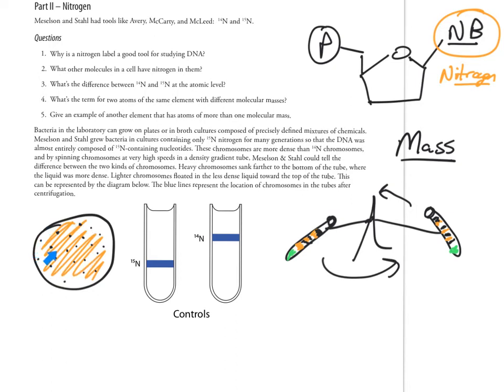So on this plate, if you read the paragraph, it talks about how Meselson and Stahl actually grew the bacteria. For many generations, they grew the bacteria on plates that only had nitrogen 15.